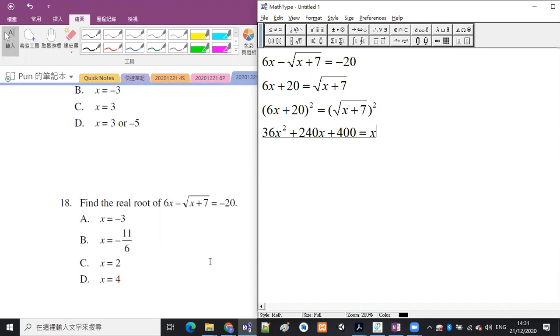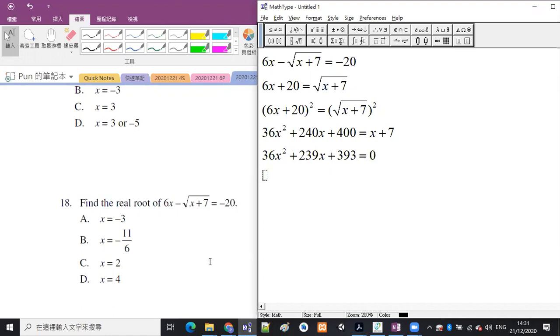So it is x plus 7. Can you get this? And then we just move all the terms to the left hand side. So we have 36x squared plus 240x, and then minus 1x becomes 239x plus 400 minus 7. So that should be 393 is equal to 0.